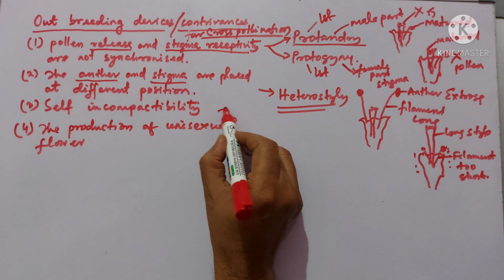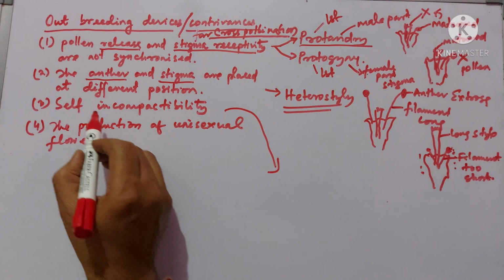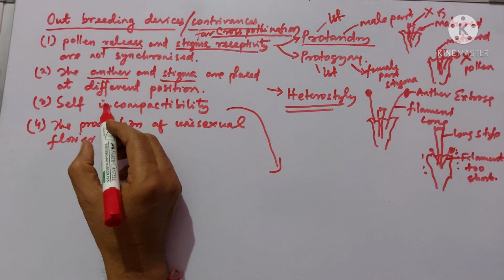Then the third condition is called self incompatibility. What do you mean by self incompatibility? The stigma will recognize the self pollen and non-self pollen.